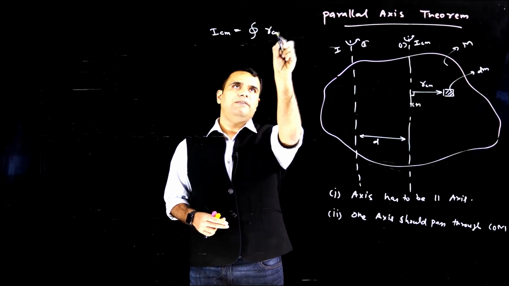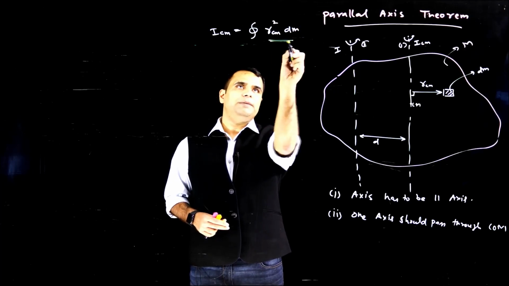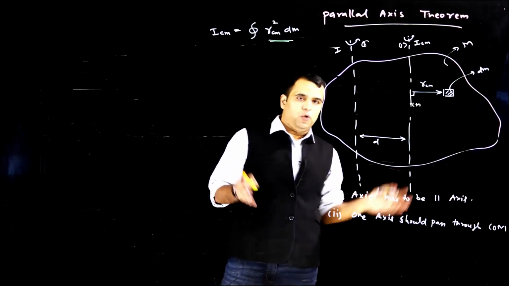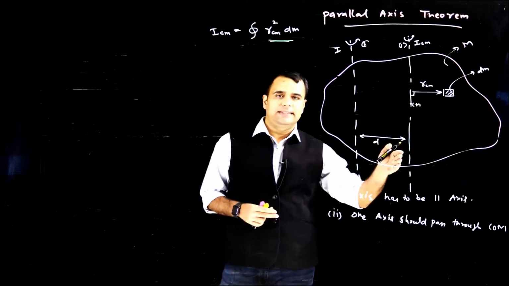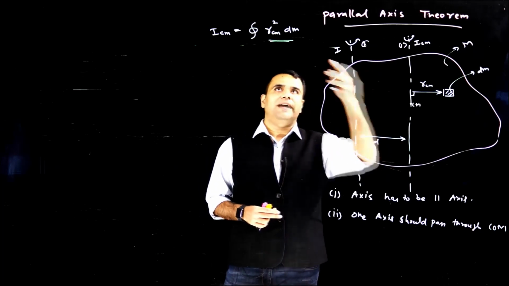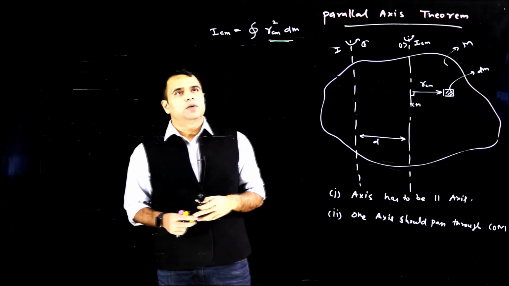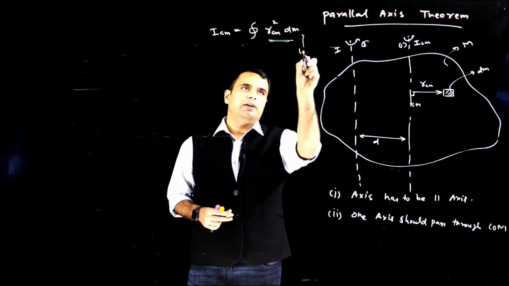In place of R, we have to write RCM, so RCM squared dm. So this is the moment of inertia for the point element, and if we integrate it over the whole body, we'll get the moment of inertia for the whole body about the given axis. About the axis, we have calculated the RCM. So this becomes the moment of inertia for the whole body about the axis passing through the center of mass. Let's call it equation 1.